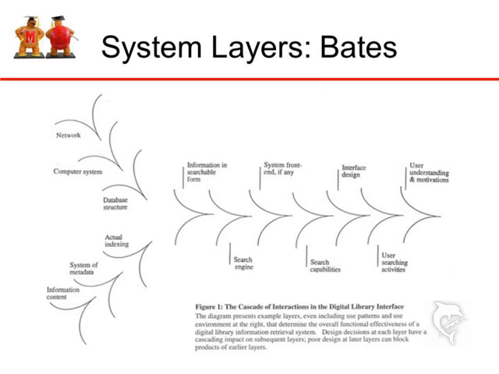The next layer of the system is the search engine itself, which is the actual algorithm that compares queries with documents and retrieves and ranks documents according to their match with the query. The system front end, this is definitely one of the layers that I de-emphasize because I think it only applies in a few situations. So moving on to search capabilities, these are the query options and techniques that are made available to the user.